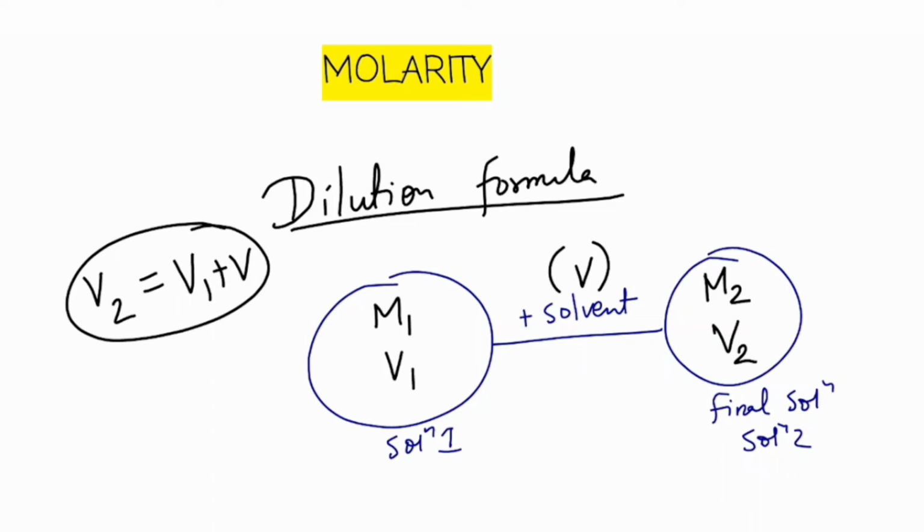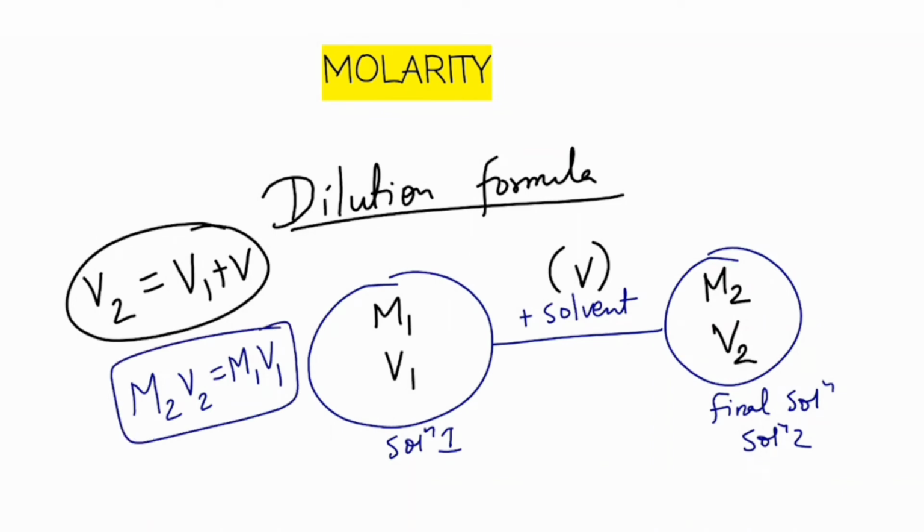That is nothing but molarity into volume, so M1 V1. And what is the number of moles of solute in the final solution? That is nothing but M2 into V2. Final and initial moles are equal, so M2 V2 is equal to M1 V1. I hope this is clear to you. This is our dilution formula.